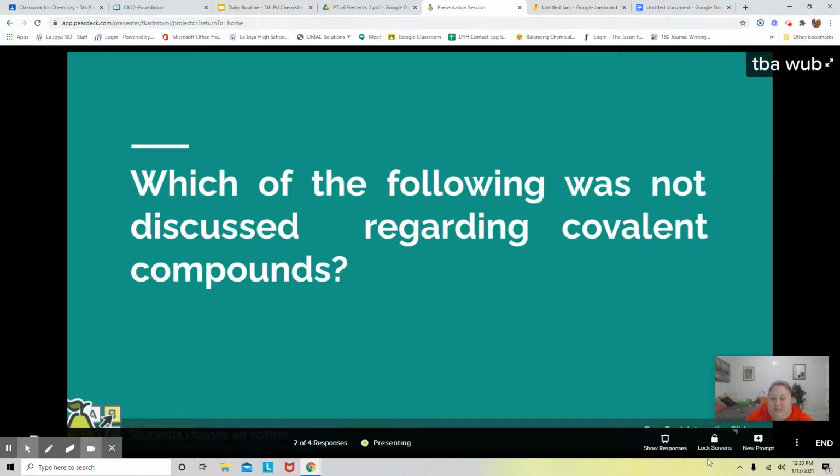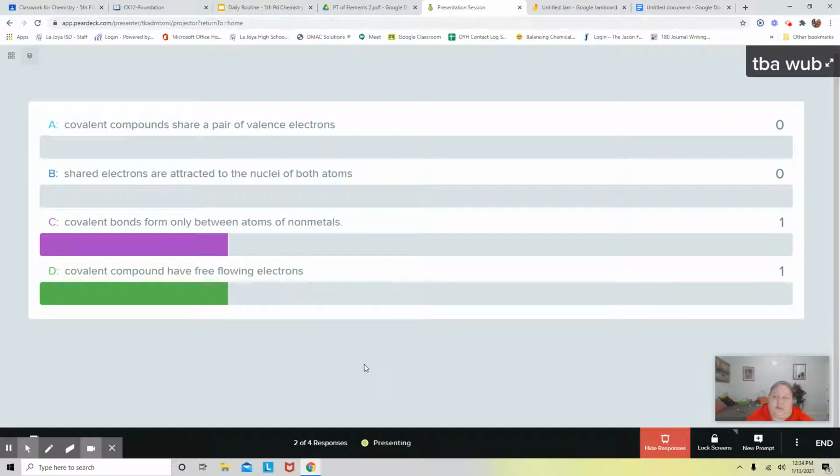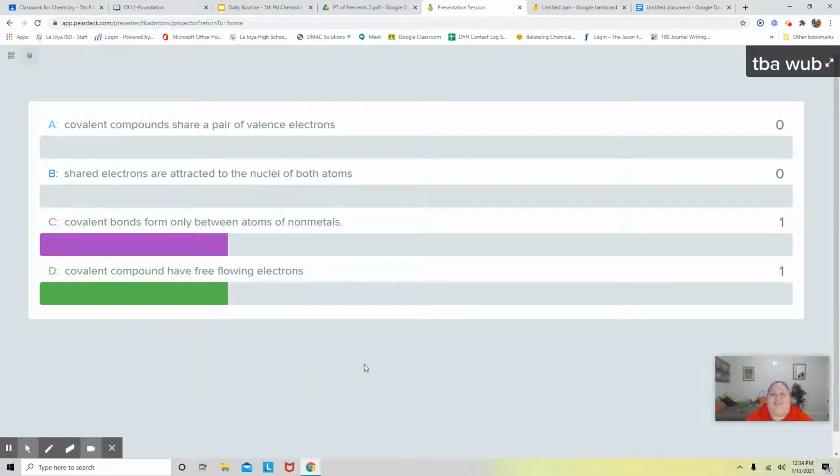Which one did we not talk about? D? Correct. We said free-flowing electrons is only for metals. We talked about that yesterday. The answer is D. Covalent compounds have free-flowing electrons? No way. They're stuck where they're at. They are not free-flowing.